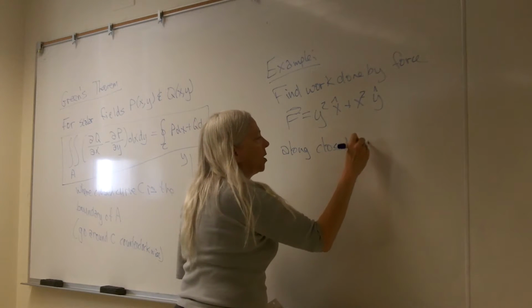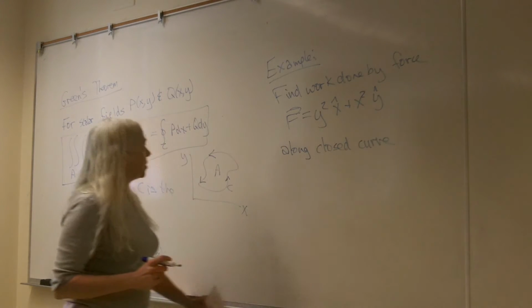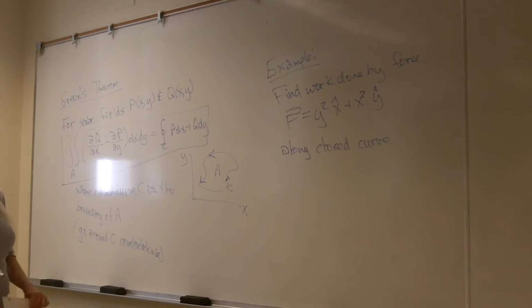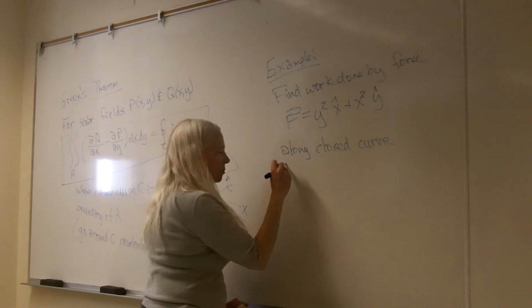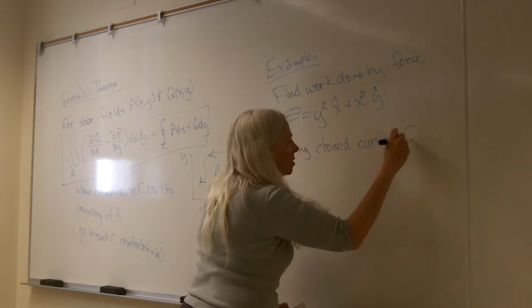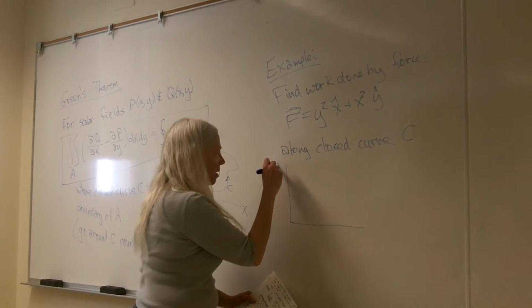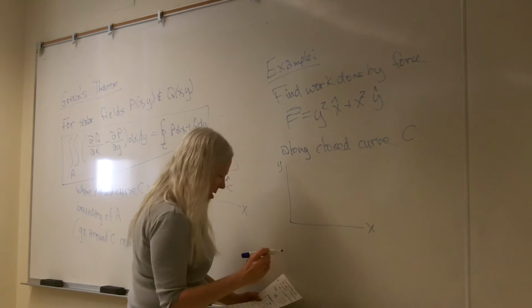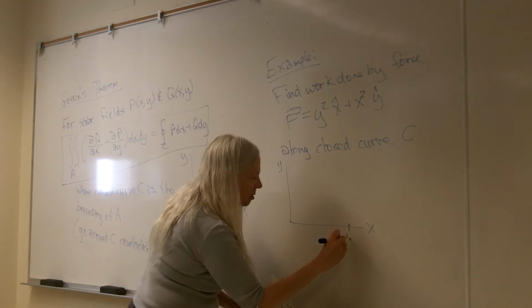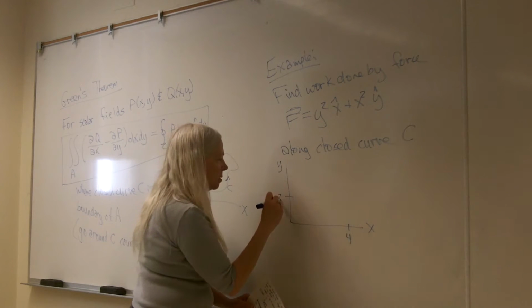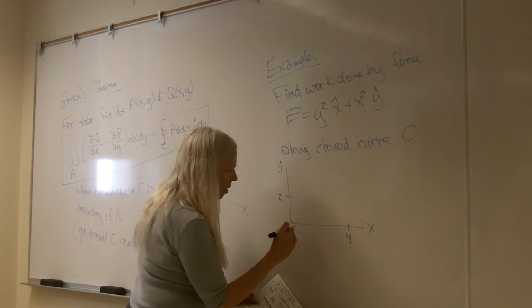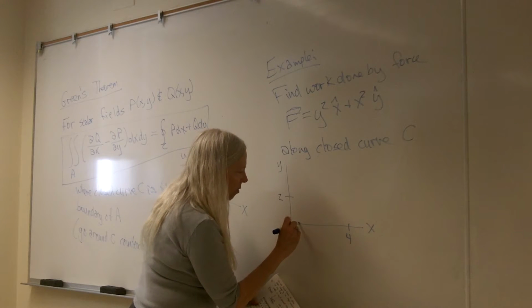And we're going to find the work done as this force moves an object around a closed curve C, which is given by this right here. We started at the origin.